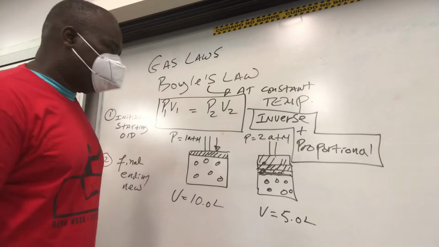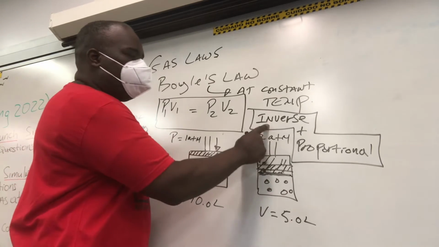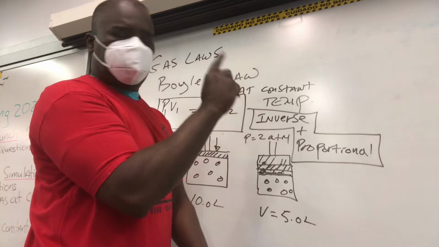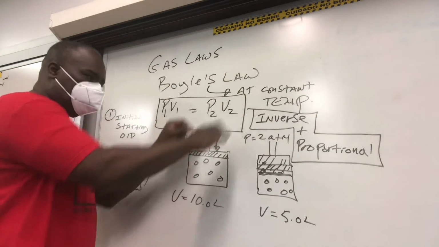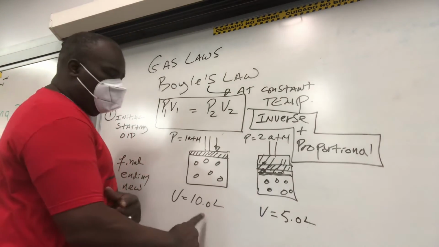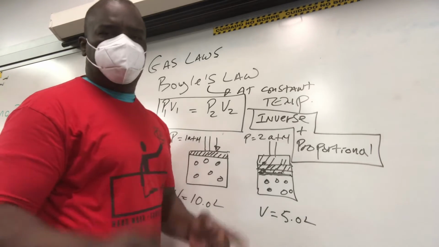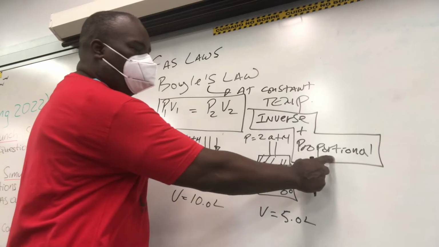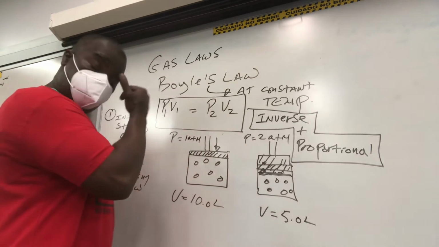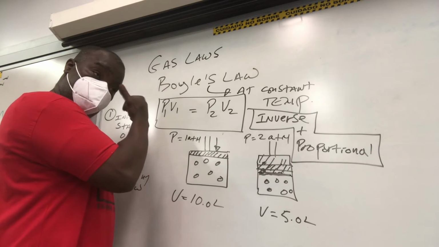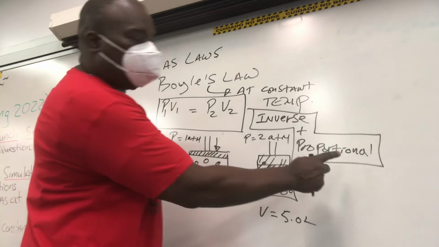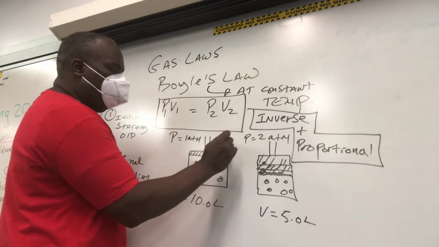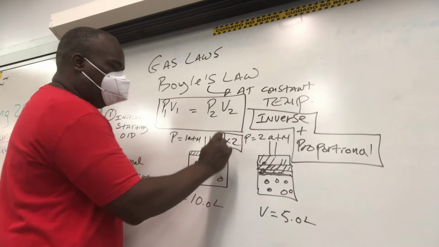So what does that mean? As one variable goes up, the other variable is going to go down. So when we increase the pressure, notice the volume got decreased, right? No problem. And the fact that it's proportional is that, for example, we here are doubling the pressure, right?